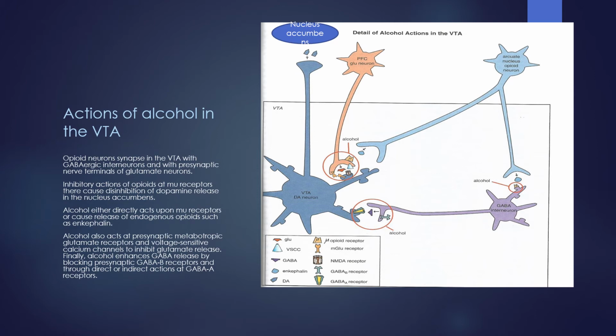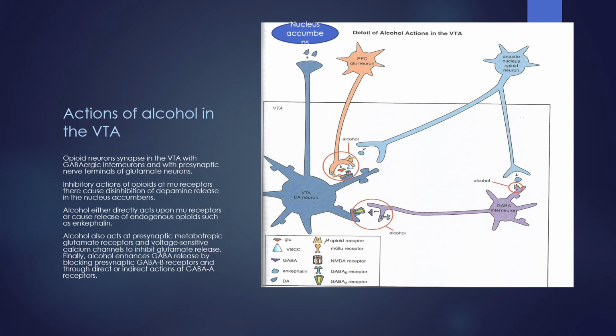Now they have a mu receptor, which is an opioid receptor. They have this VSCC, which is a voltage sensitive calcium channel. They also have a GABA receptor. They also have this enkephalin, which is an endogenous opioid, and they also have this metabotropic glutamate receptor, both at the presynaptic and the postsynaptic membrane in the synapse.